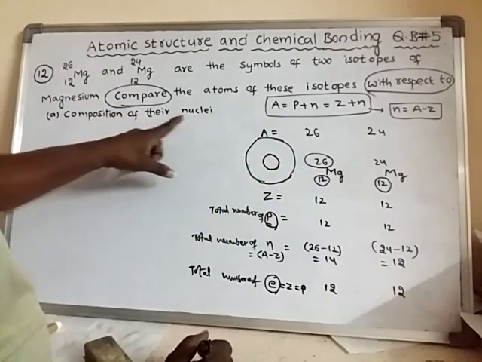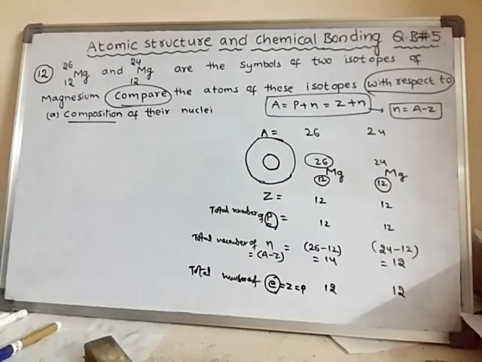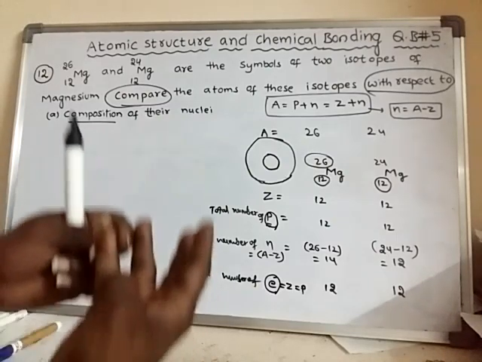So, the composition of the nucleus. What is the meaning of composition? Composition means what substances are present in it. Suppose you take idli as breakfast, what is the composition of your breakfast? It is idli, chutney, sambar.